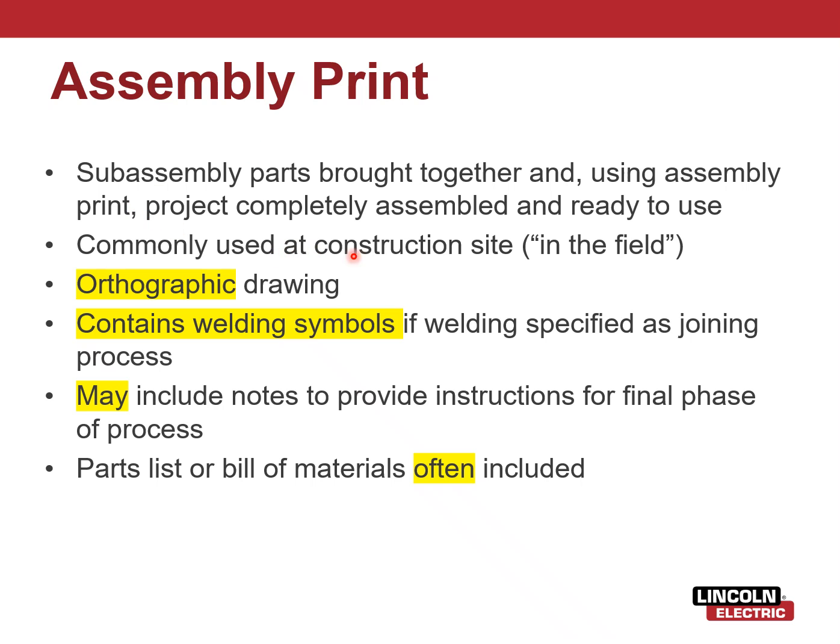This is commonly used at a construction site or in the field, right, where this product is going. Again, orthographic drawings contain welding symbols if welding is going to be used to join those pieces together. May include notes to provide instructions for the final phase of the process if necessary. And then again, the parts list or bill of materials is often, not always, but often included.